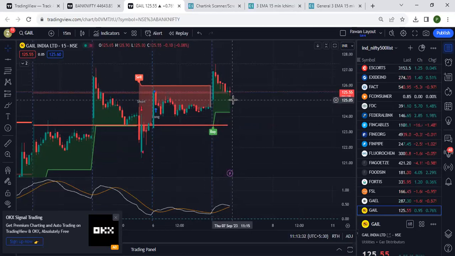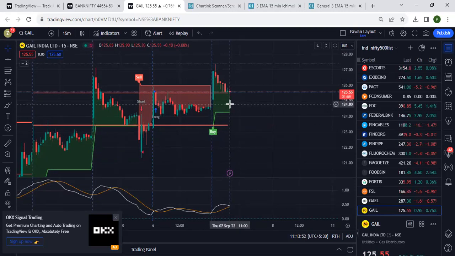So the stock may retrace up to the level of 125.25. This is a pump and dump situation. Just because the low has not been breached, you can expect that it is a pump and dump situation.